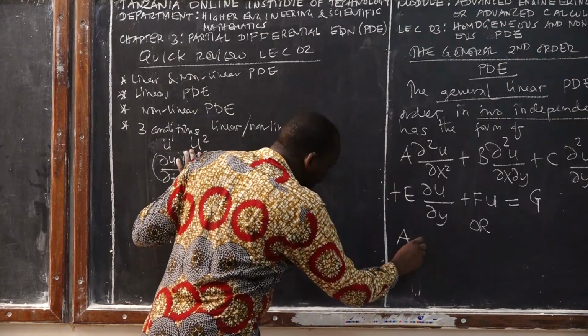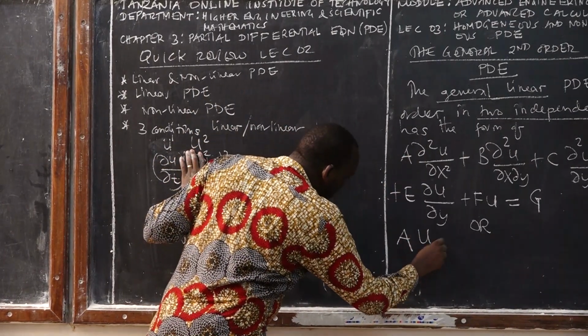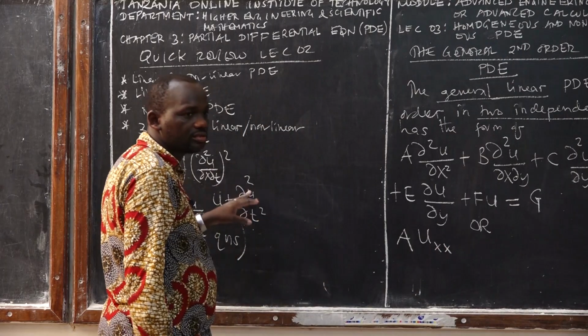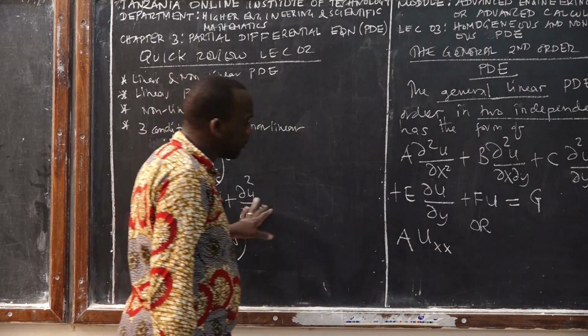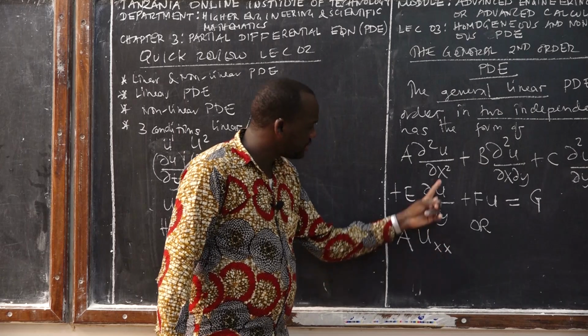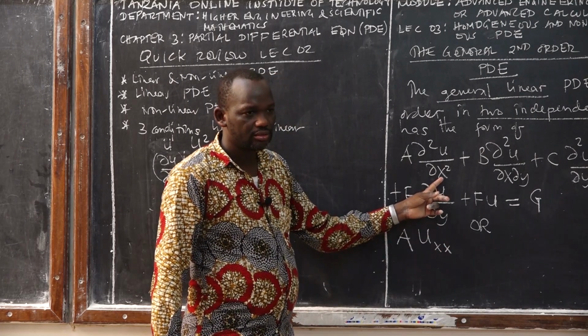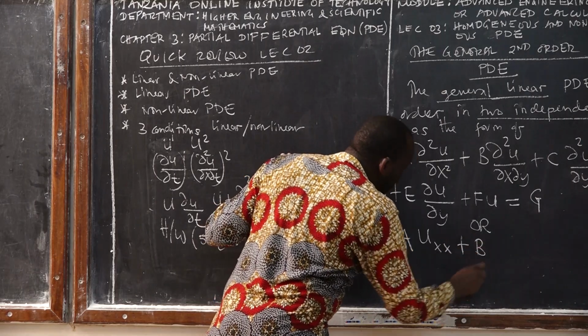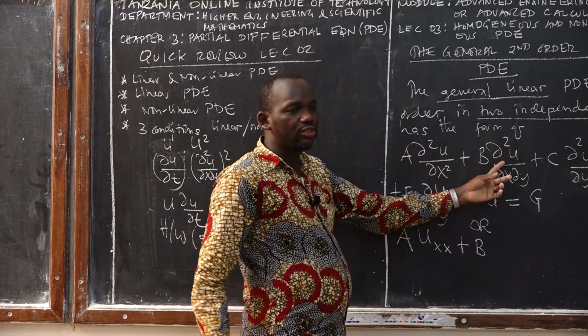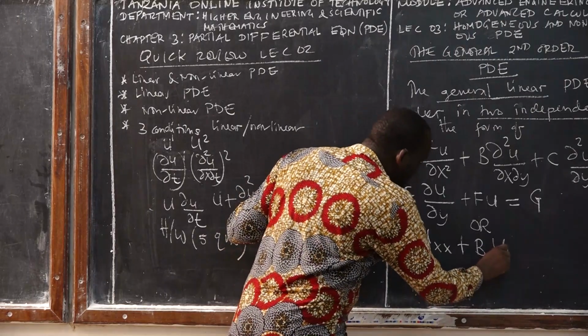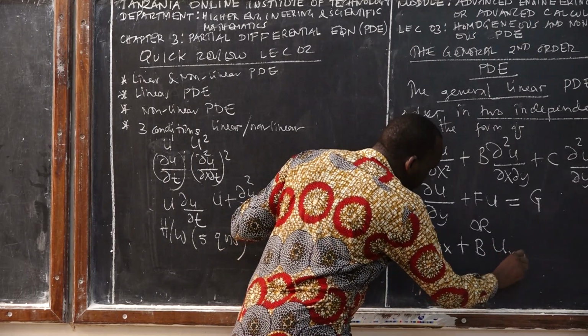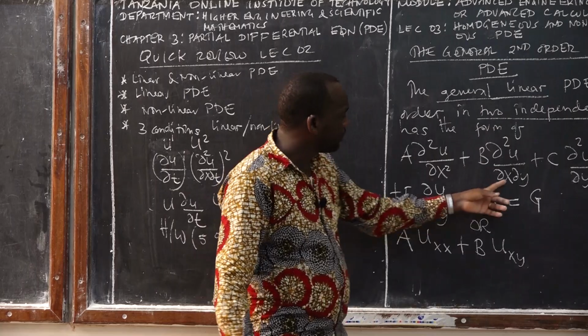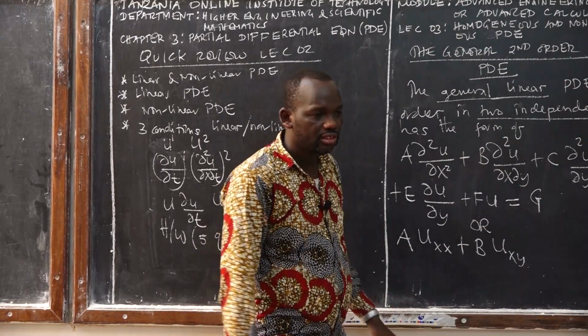This one we can write as u_xx. What does it mean? This xx is what we have in the denominator. Then plus coefficient B, which we write as u_xy, because of x and y.